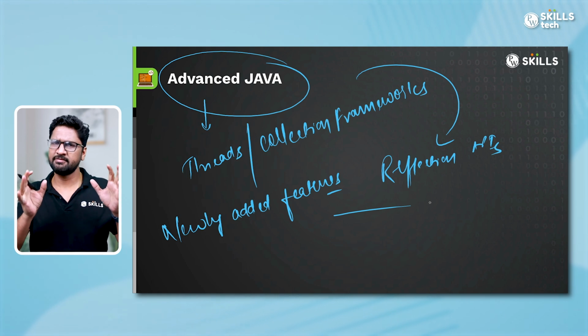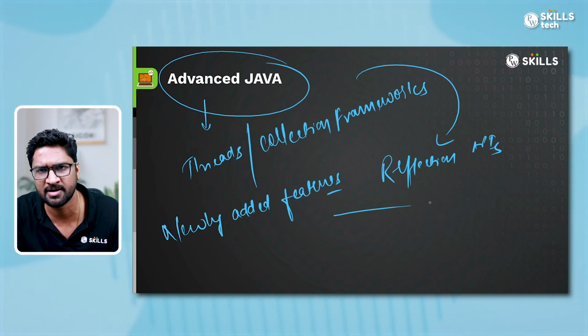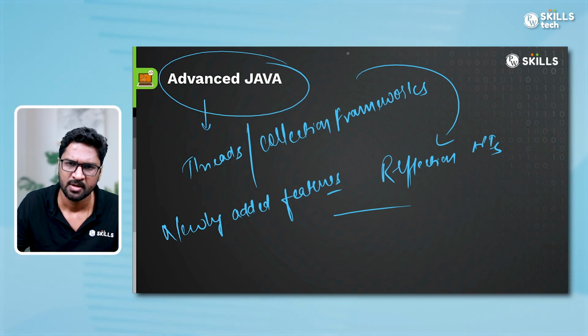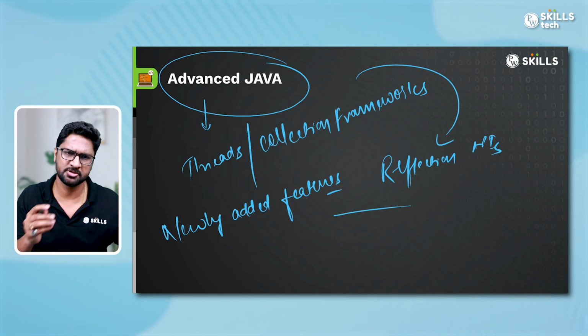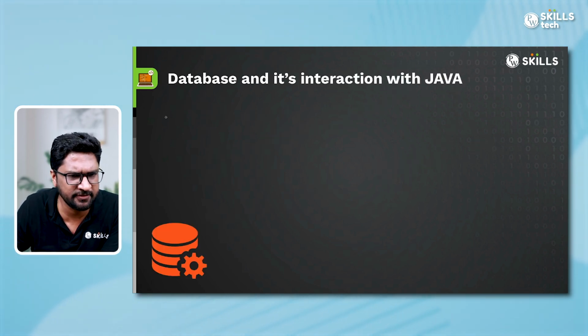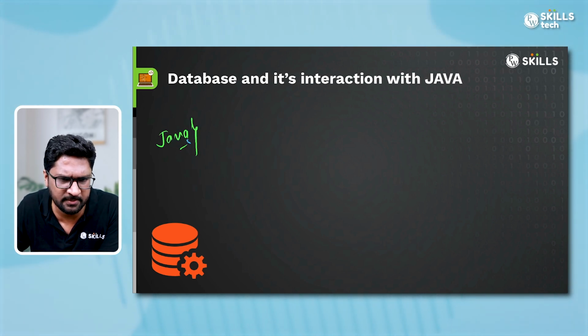So far, we have tried to understand the basics or core Java, and then we have jumped to the advanced Java depending on the use case or the application that we are trying to solve. Once that is done, you have understood this. The next thing is, I know that if you're learning Java, you're learning Java to ultimately build applications.